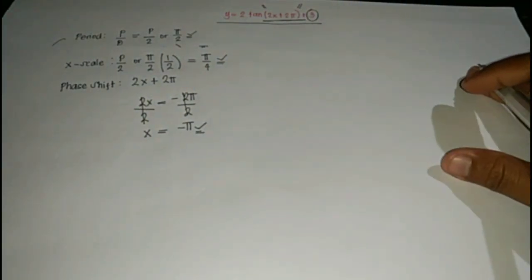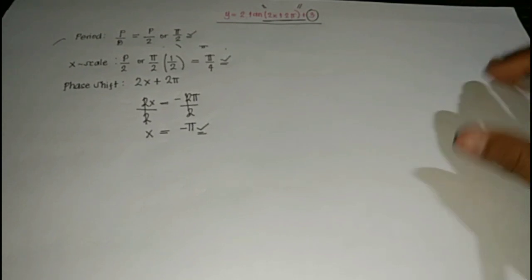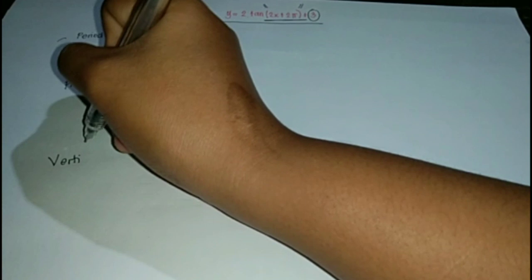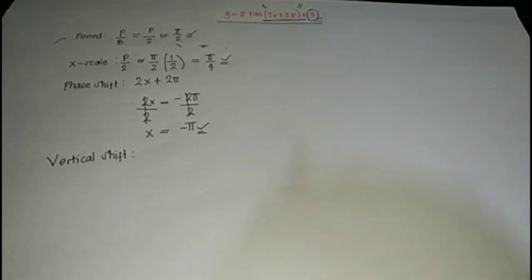Last, before we start the graph, is to find the vertical shift. It's not hard to find the vertical shift, as we can see it already in the last part of our equation.